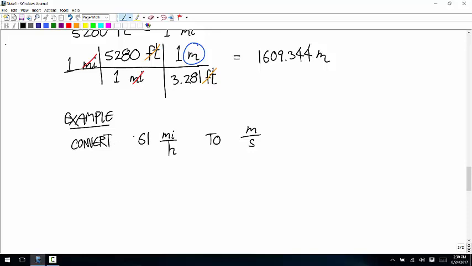Okay, so our starting value is 61 miles per hour, but let me give some equivalencies first. When you do problems like this on tests, I'm always going to give you the equivalencies. You don't have to remember how many feet are in a meter or anything like that.